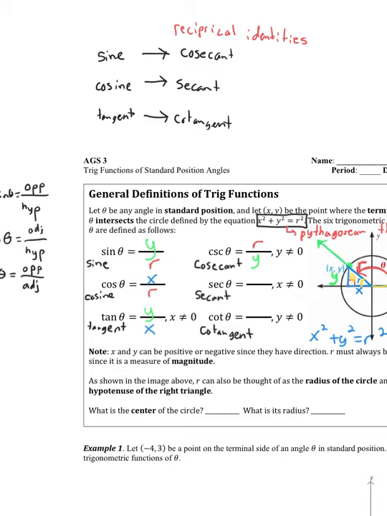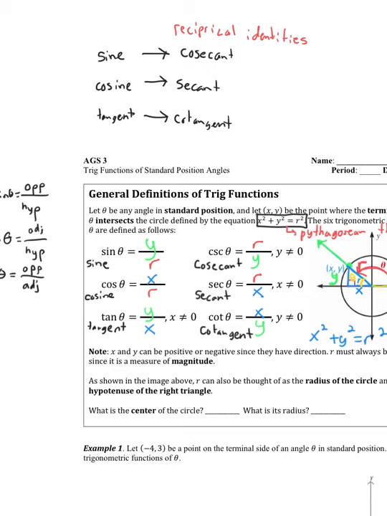And the same is true for cosine and secant. The reciprocal of cosine is secant. So that's going to be r over x. And then the last one, tangent, the reciprocal of tangent is cotangent. That's going to be x over y. Reciprocal identities. So cosecant is technically hypotenuse over opposite.